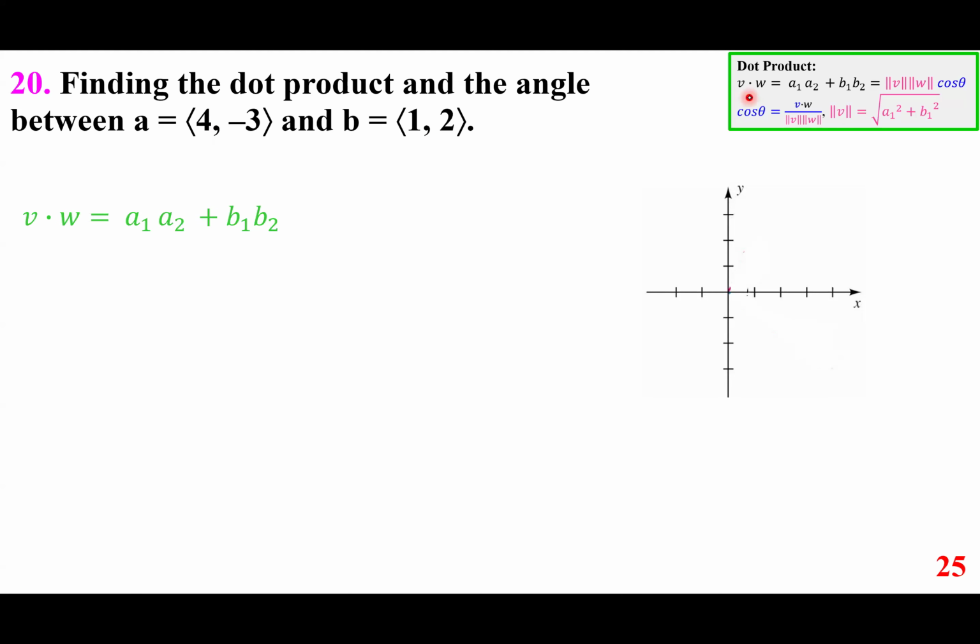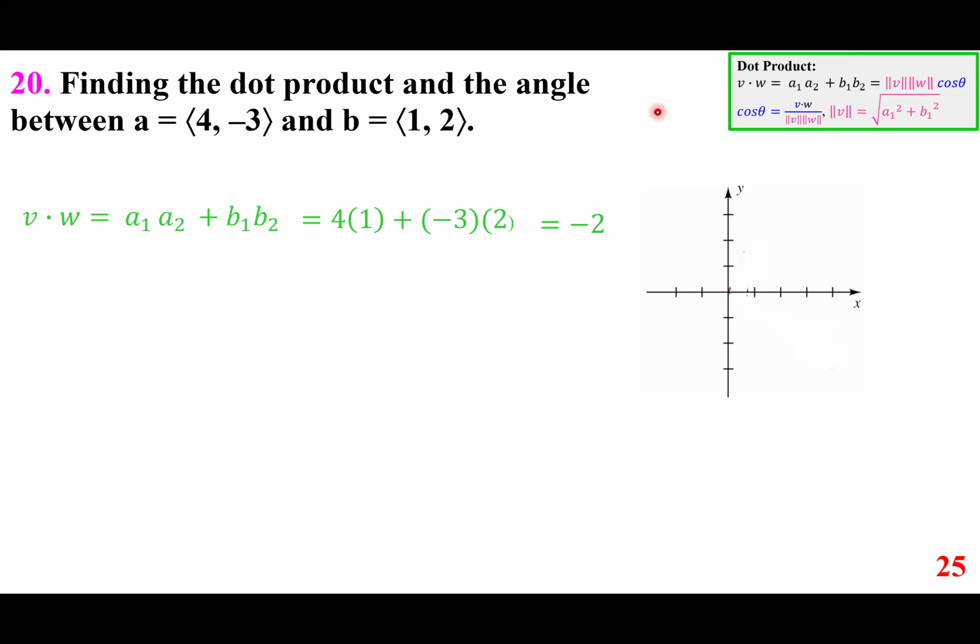A1, A2 plus B1, B2, which means 4 times 1 plus negative 3 times 2. So multiply the first components, multiply the second components, add them up. This is 4 minus 6. They add up to negative 2. So that's the dot product. So that's this part.